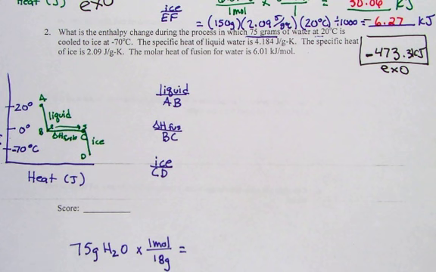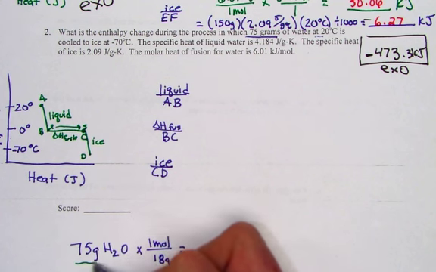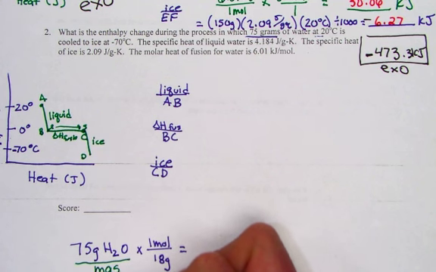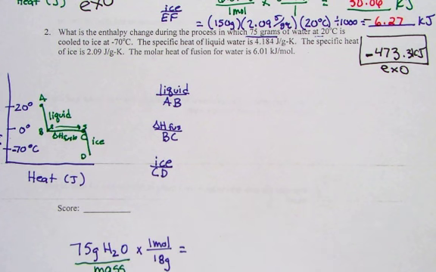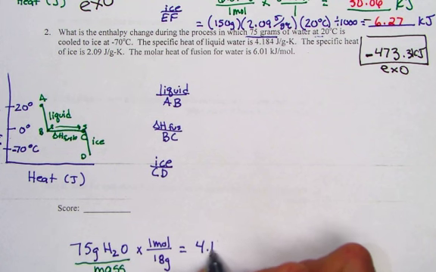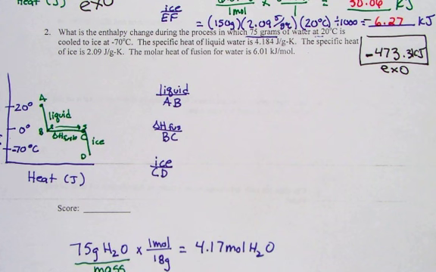Sometimes we need mass for the MC delta T problems. 75 is our value here. But sometimes we need to know mole numbers when we're changing phase. 75 divided by the molar mass of water, which is 18, gives us 4.17 moles. So we have a mass measurement and an equivalent mole value, so we're ready to place in the correct number for each line segment.